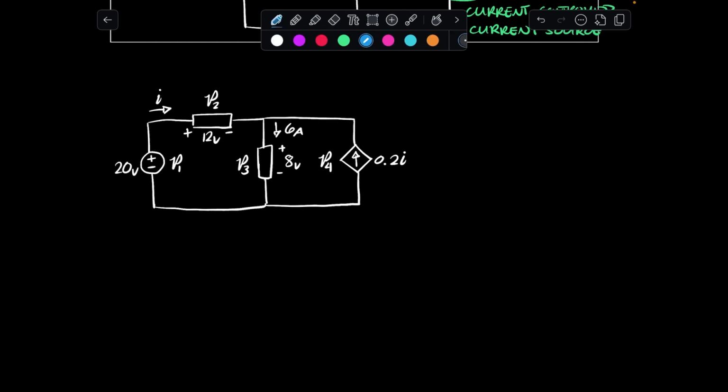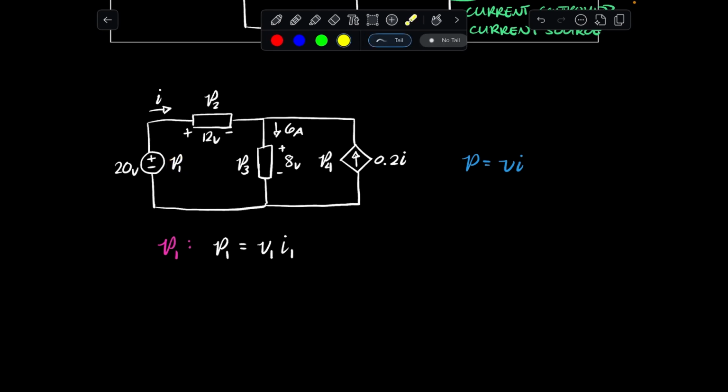And we know that the formula for power is voltage times current. So let's find P sub 1. Well, at P sub 1, there's going to be a voltage V sub 1 across that element, and a current going through that element, I sub 1.